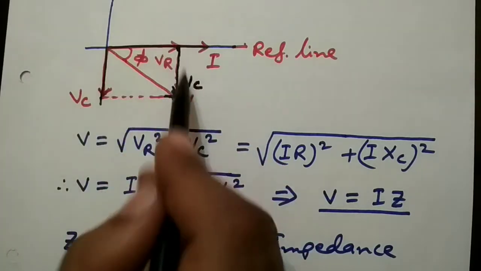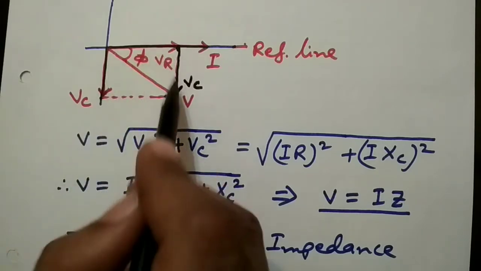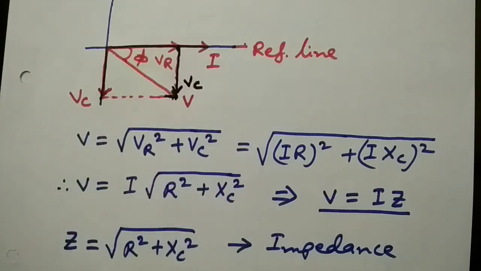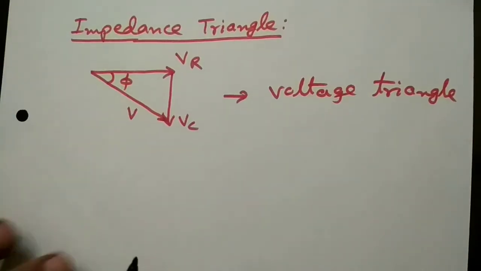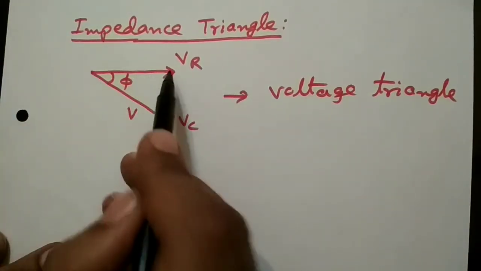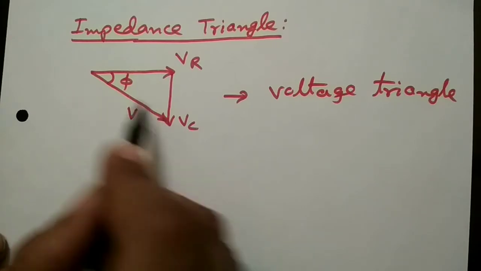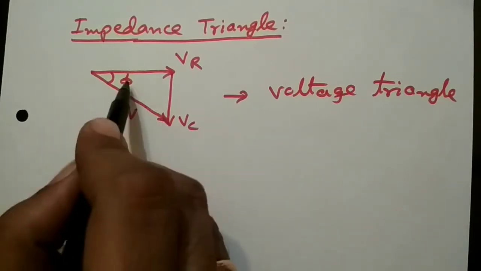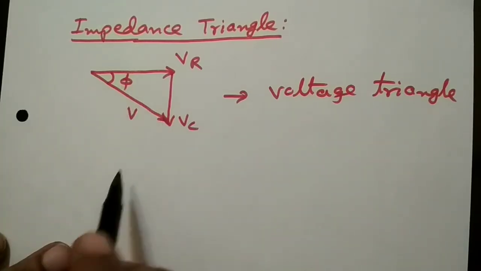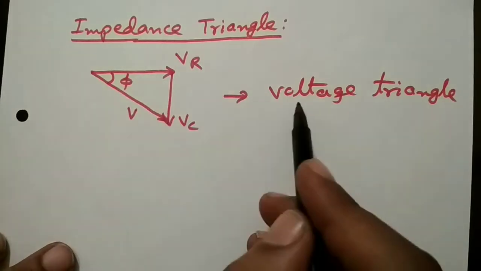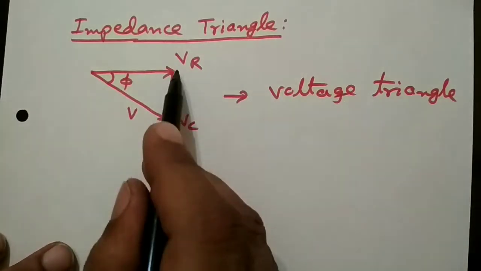So VR, VC and V make a triangle, with the angle phi. This triangle is called the voltage triangle, made by three voltages.